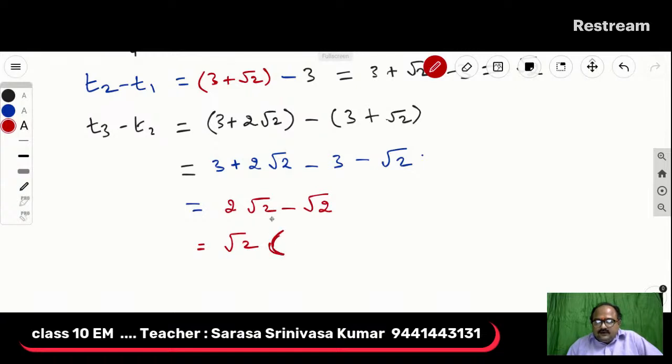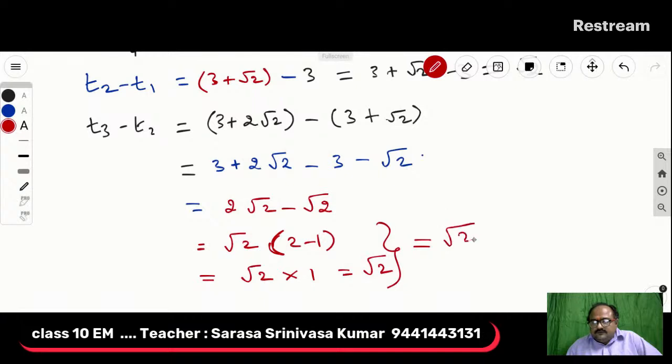In fact, I need not write this step, 2 minus 1. This is equal to square root of 2 multiplied by 1, that equals square root of 2. We need not write this step. We can directly write the difference equal to square root of 2.